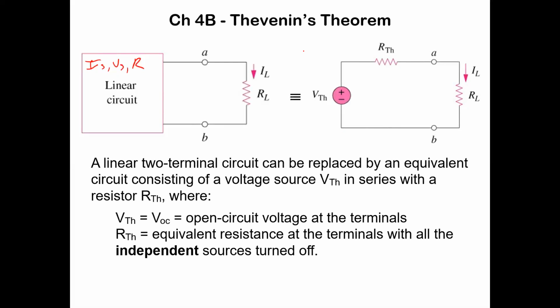And the Thevenin voltage is the open circuit voltage. That means if you remove the load and just measure the open circuit at AB, that's the Thevenin voltage, V Thevenin. And R Thevenin is the equivalent resistance at the terminals with all the independent sources turned off.